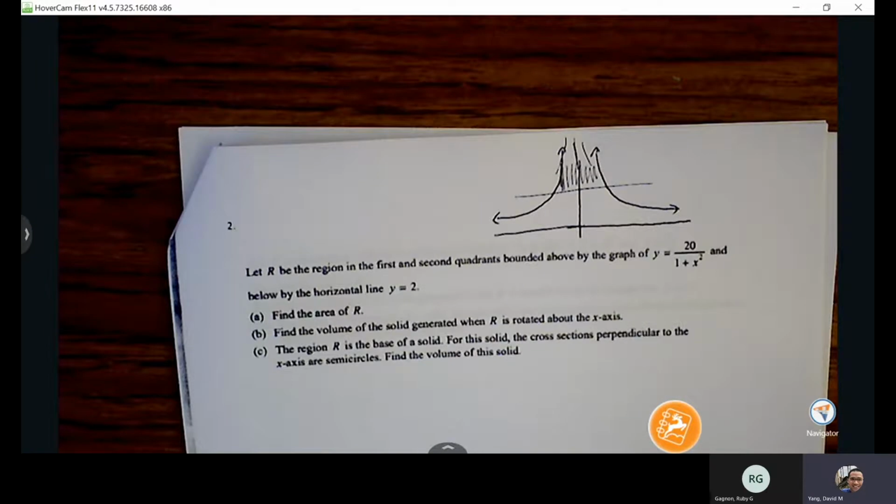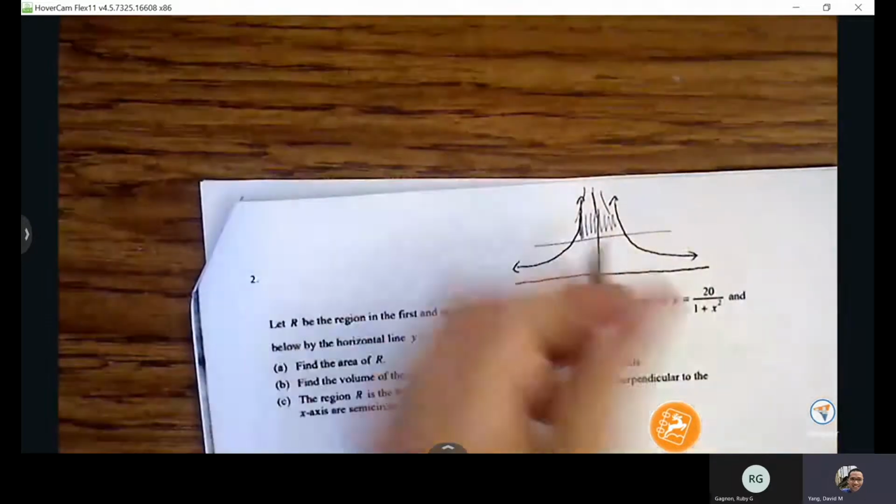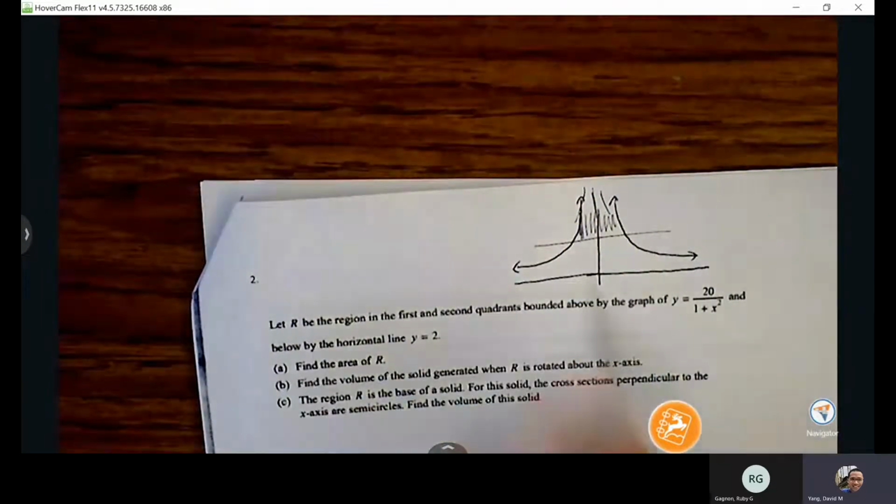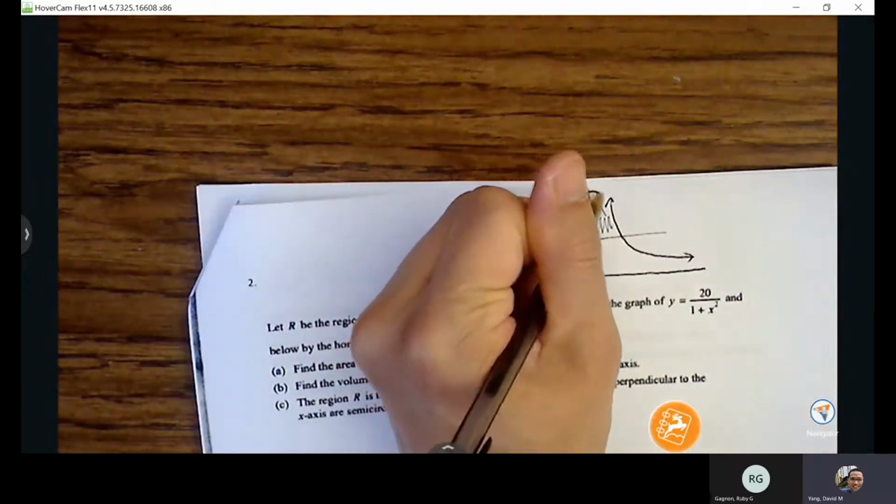Yeah, sorry. I thought this was an asymptote there. This is actually going to close up right here.